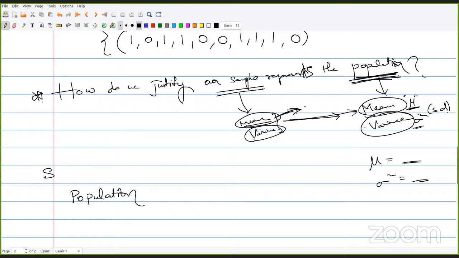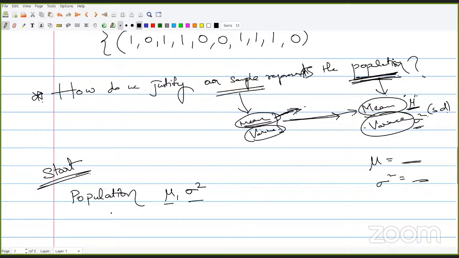See, this is what we do. We start with one population for which we know the mean and variance.